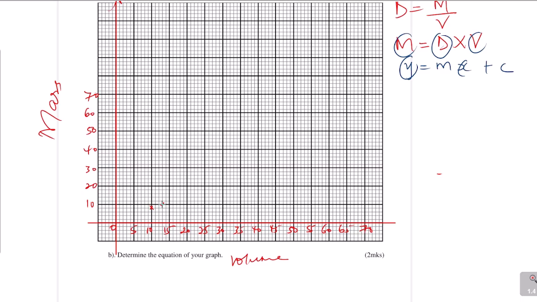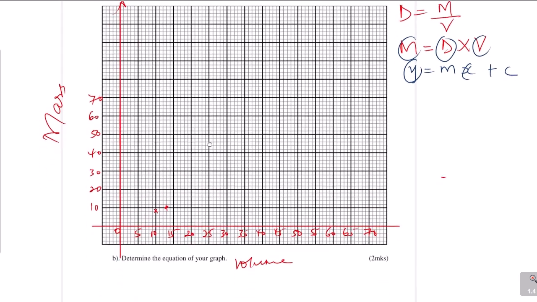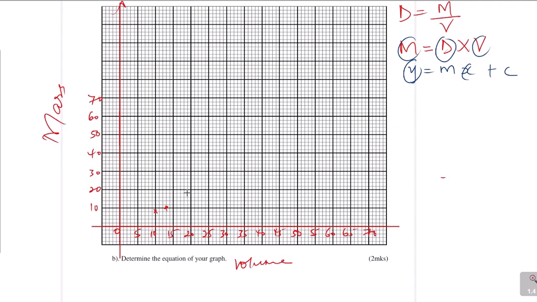We mark it properly. So it's supposed to be there, 13, 10. Yeah, it is there. Then the next one is 20, 20. It is there.